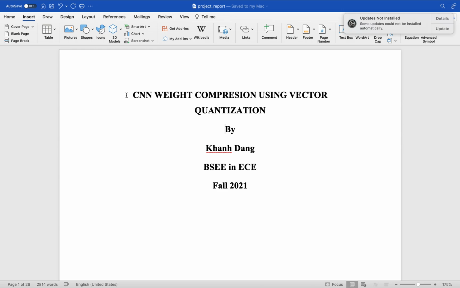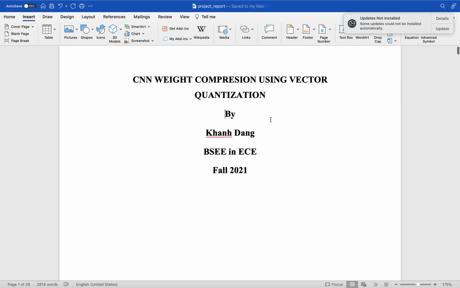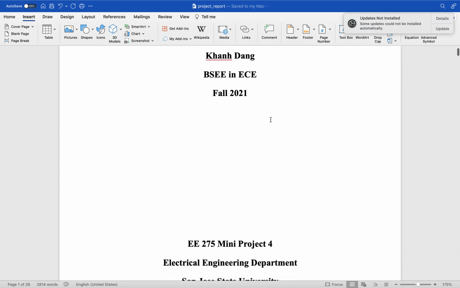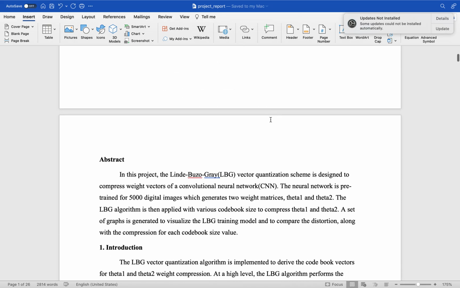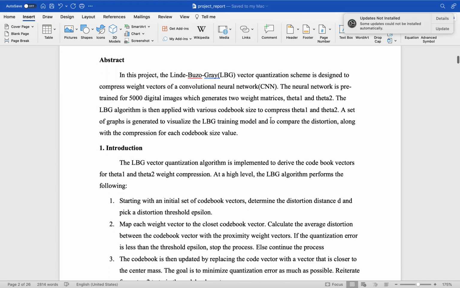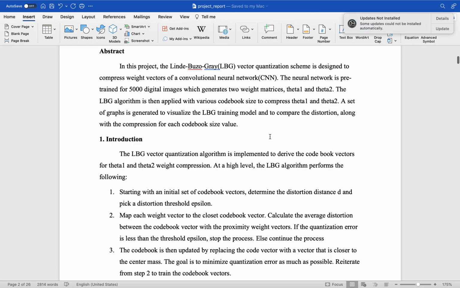Today I will present the vector quantization scheme using LBG. So in this project, the goal is to compress the weight vectors of a convolutional neural network.